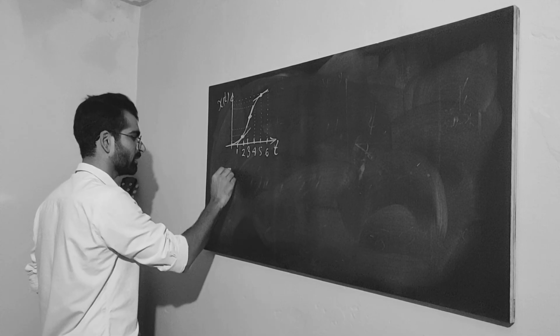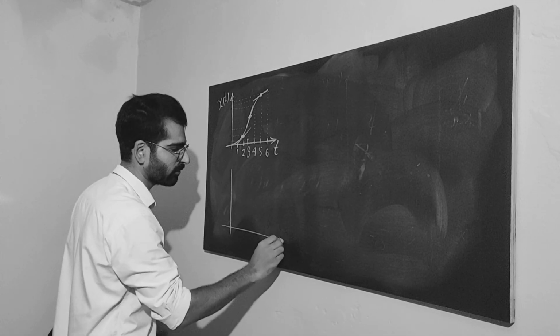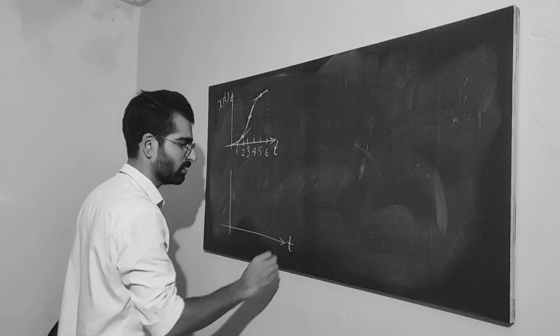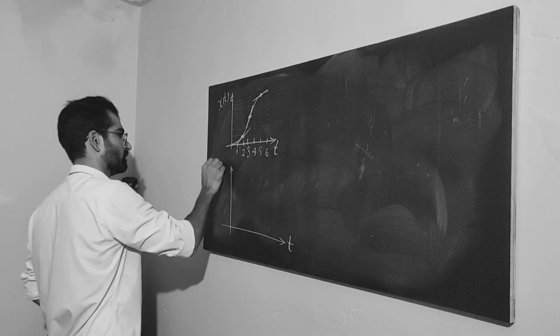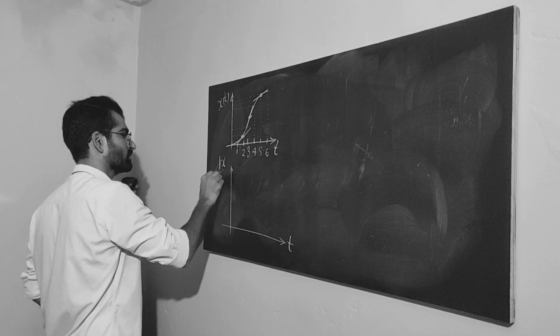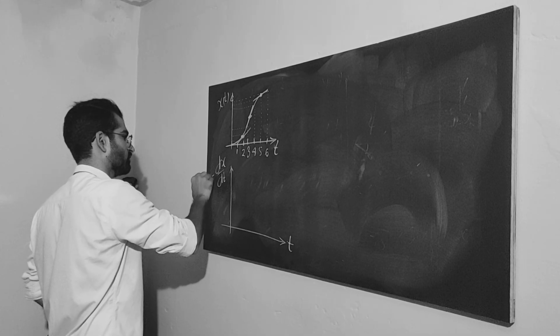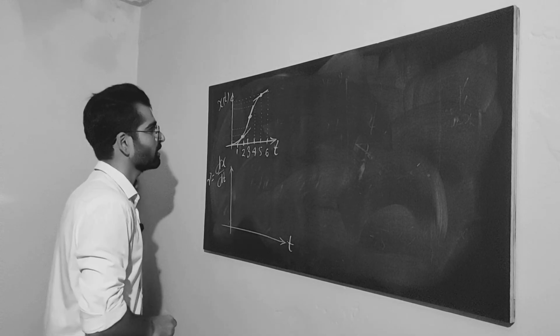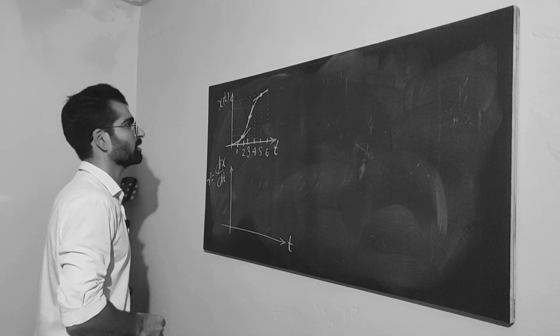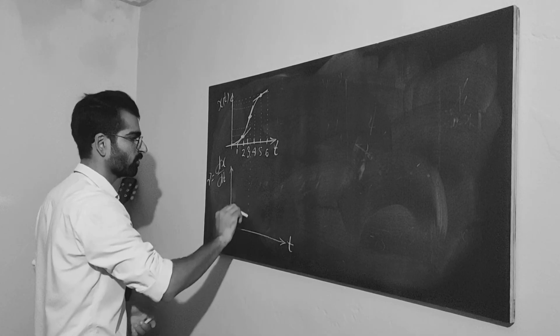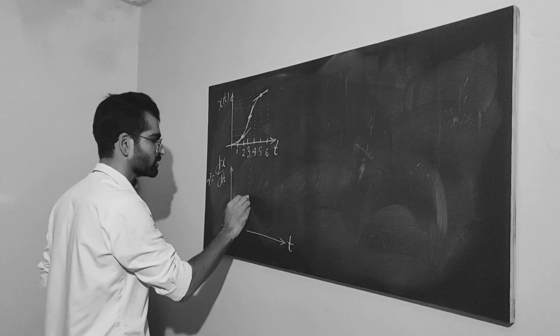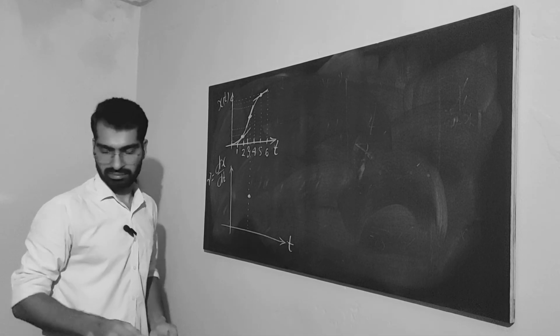And if I draw you velocity as a function of time, which is really dx/dt, and that's your velocity as a function of time, I can draw it, because between 3 and 4 you're going to have the largest velocity, right?